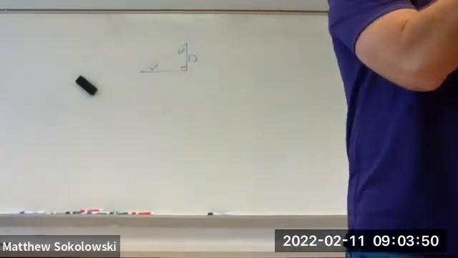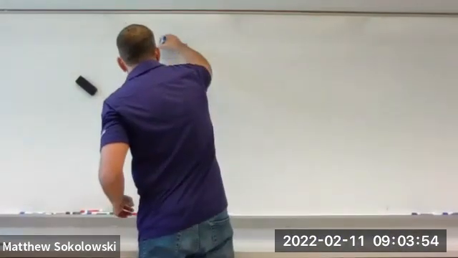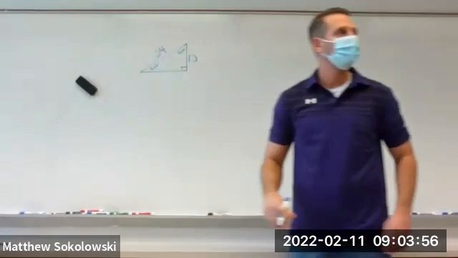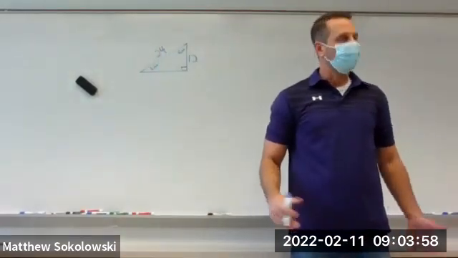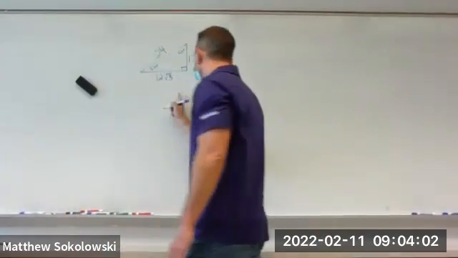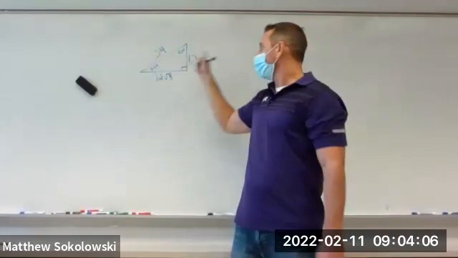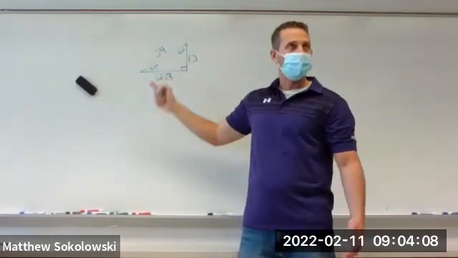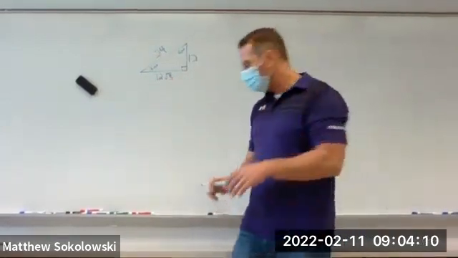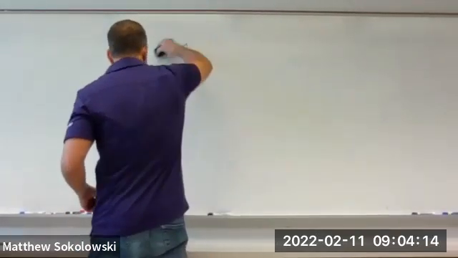So if the small leg is 12, the hypotenuse is 24. 12 rad 3 is the big leg. Okay, 12 rad 3. So you started with that one. To get to here, you did what? Doubled it. To get to here, you multiplied by rad 3. Okay, so what is the ratio of the sides?